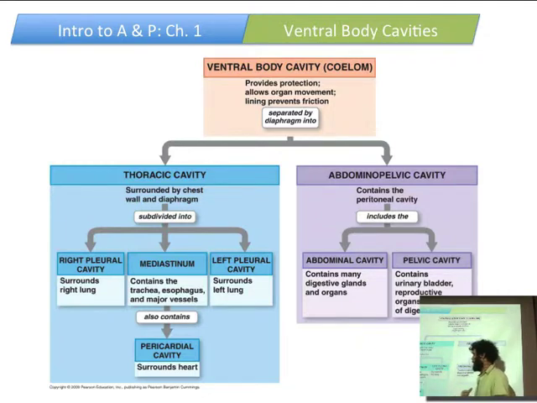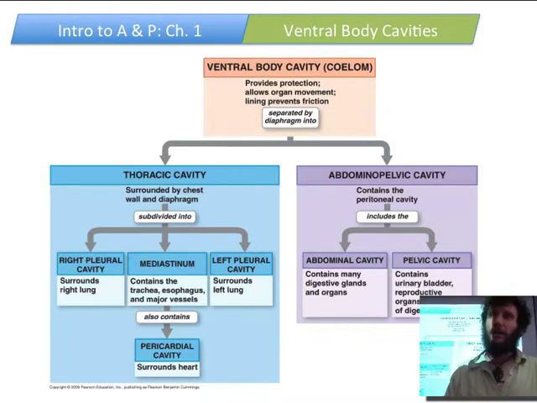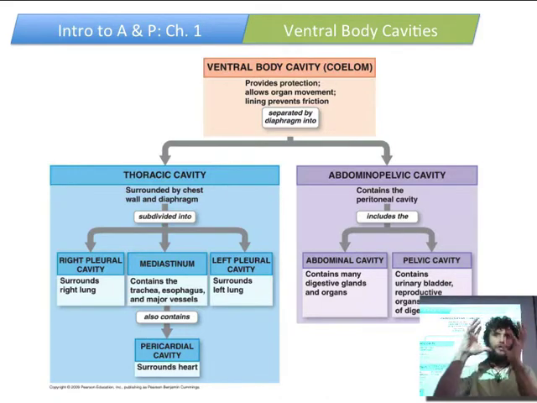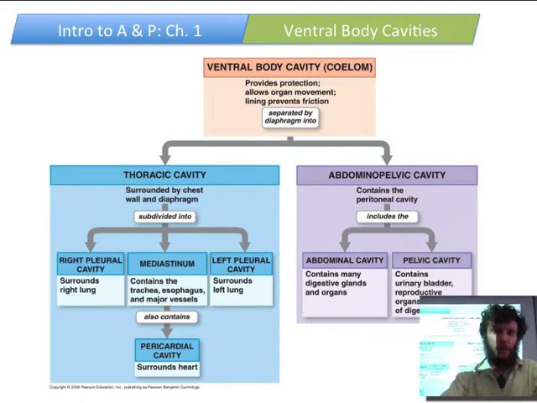Mediastinum. And the mediastinum has the heart, the trachea, the esophagus, all the major vessels running through there, as well as the pericardial cavity. This is a special cavity that just surrounds the heart. We give it its own name because it's pretty important.